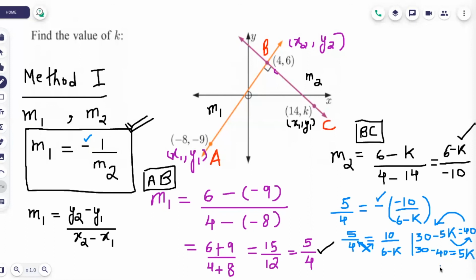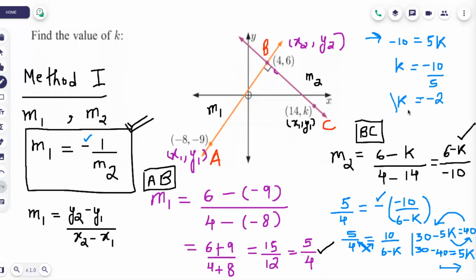Now from here I'll write on top because I don't have space here. So it will be minus 10 is equal to 5k. k will be minus 10 upon 5. So k is minus 2. I got the value of k, which is minus 2.